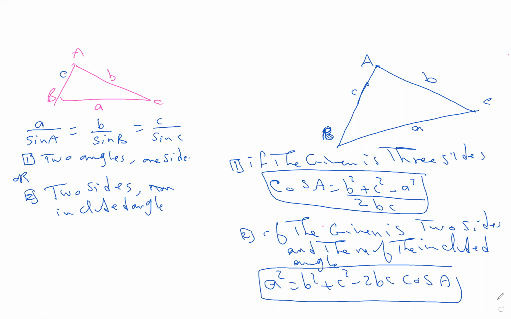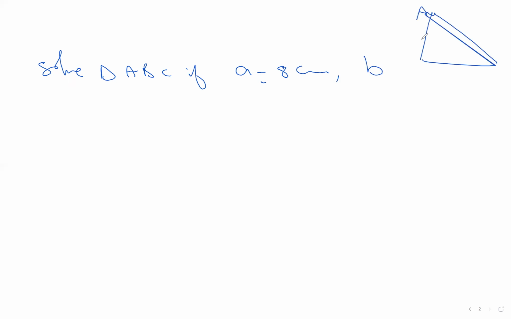Okay, I'll give you an exercise about that. Solve triangle ABC if a equals 8 centimeters and b is 10 centimeters, and the measure of angle A is 58 degrees.